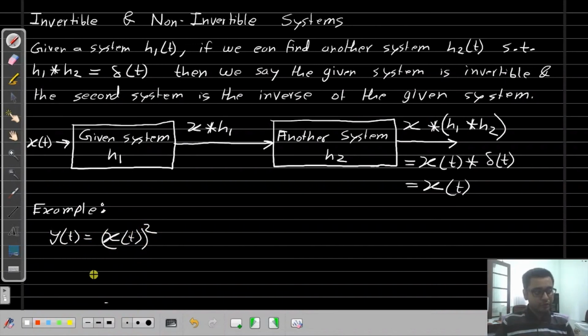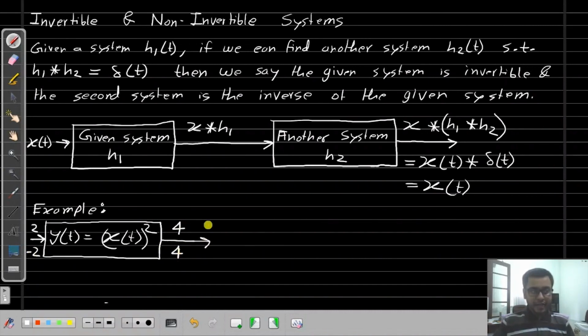So if you give 2, you get 4. If you give −2, you also get +4.